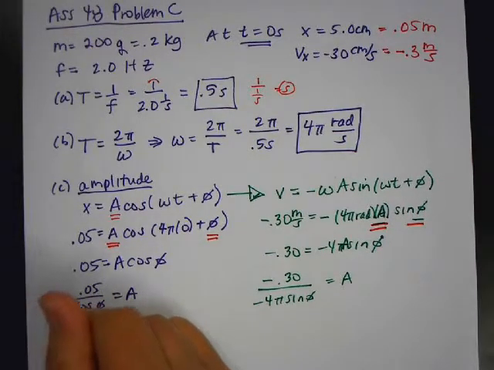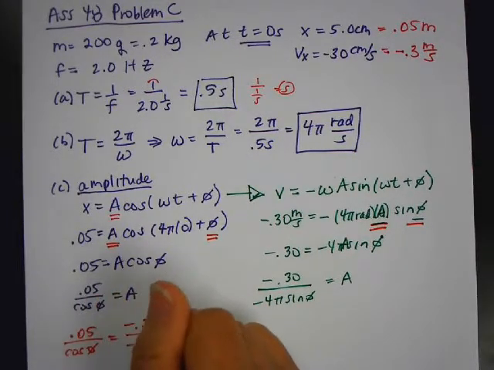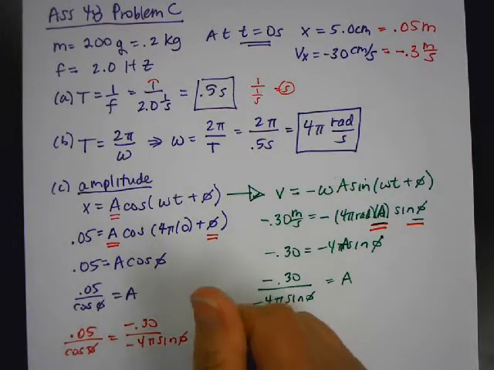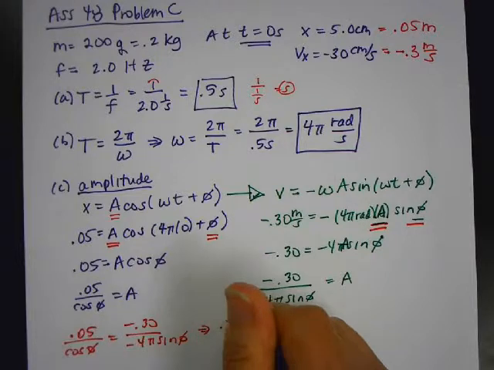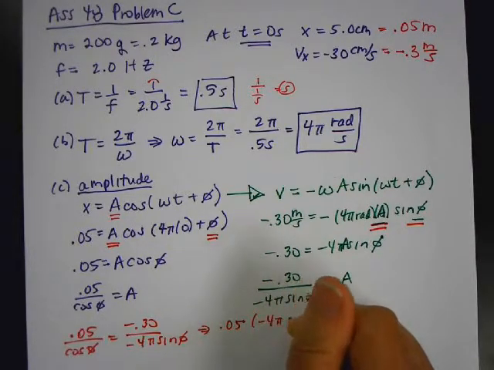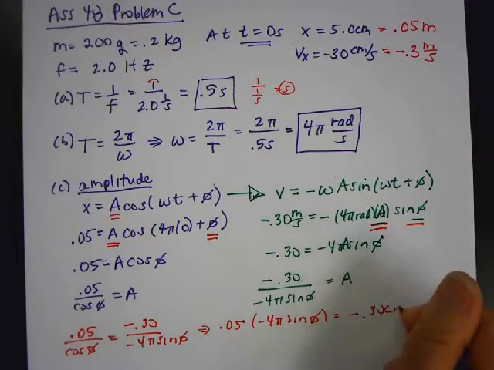So it's 0.05 over cosine is equal to 0.3 over negative 4 pi sine of this. Then I'll cross multiply. When I cross multiply, I get 0.05 times negative 4 pi sine is equal to negative 0.3 cosine.